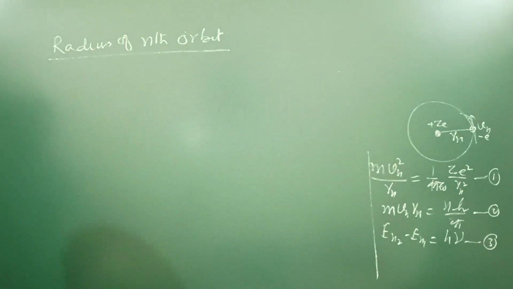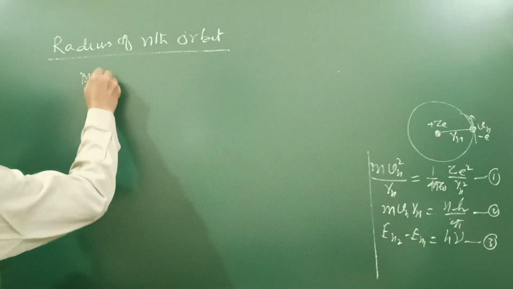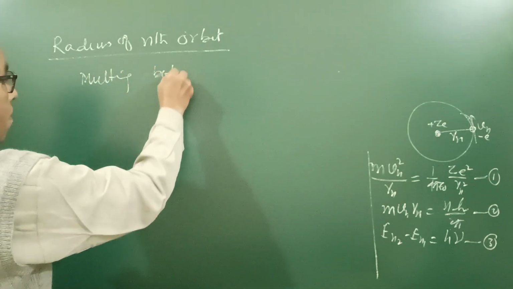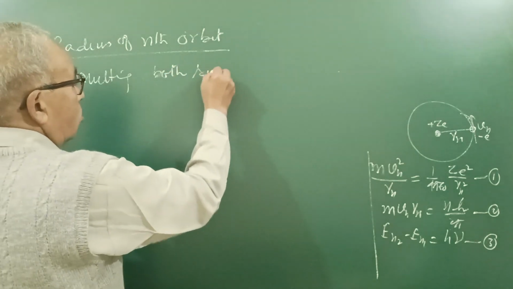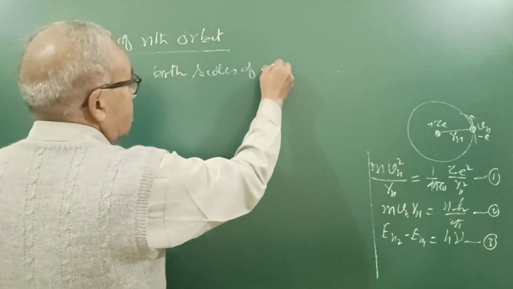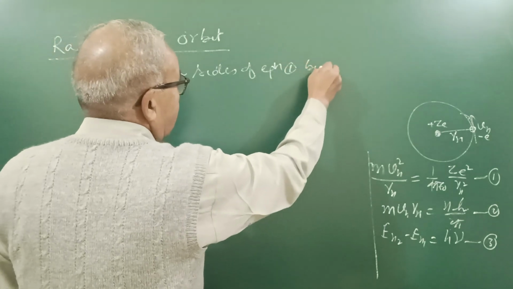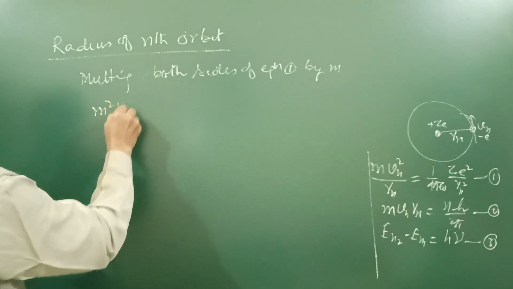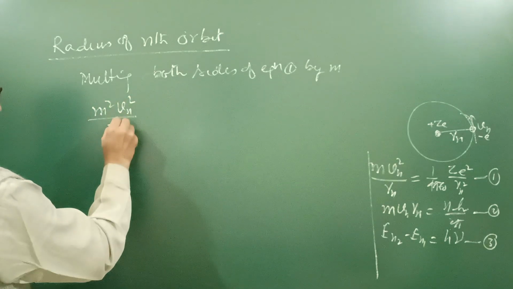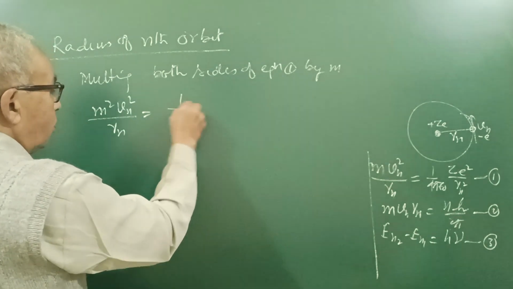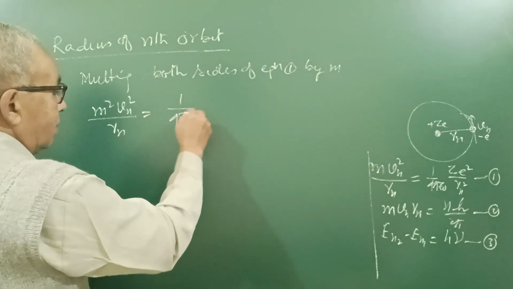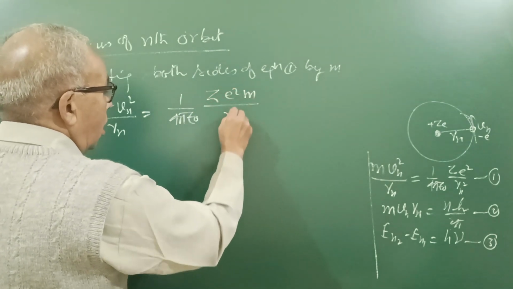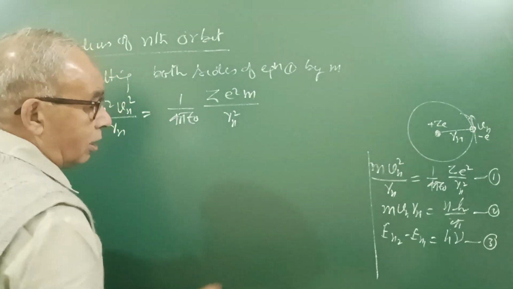Multiplying both sides of equation 1 by m, we get m square Vn square upon Rn is equal to 1 upon 4 pi epsilon 0 Ze square m upon Rn square. Let this be equation 4.